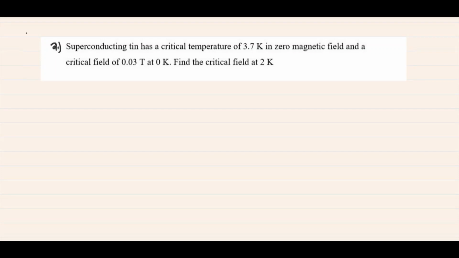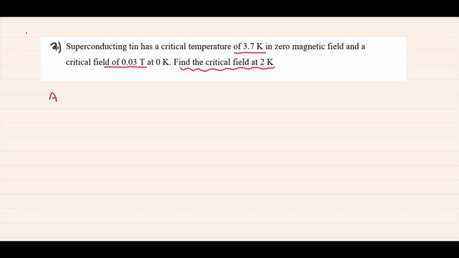Okay, this is the second question. The question is: superconducting tin has a critical temperature of 3.7 Kelvin in zero magnetic field, and a critical field of 0.03 Tesla at 0 Kelvin. The question is to find the critical field at 2 Kelvin.